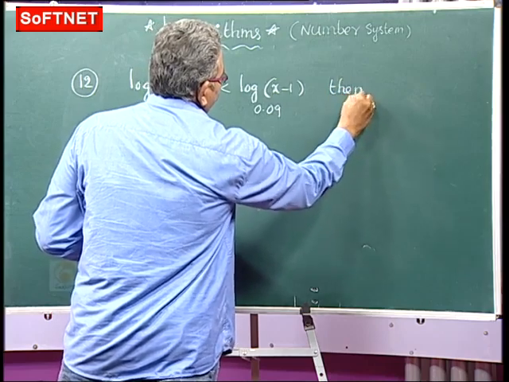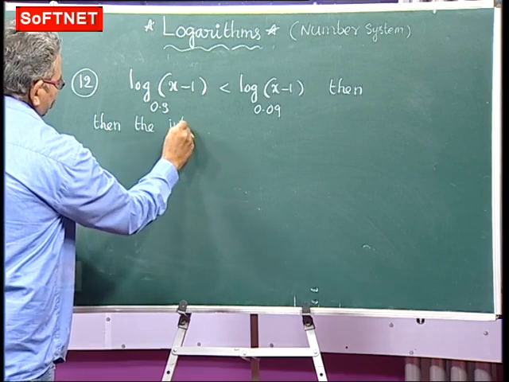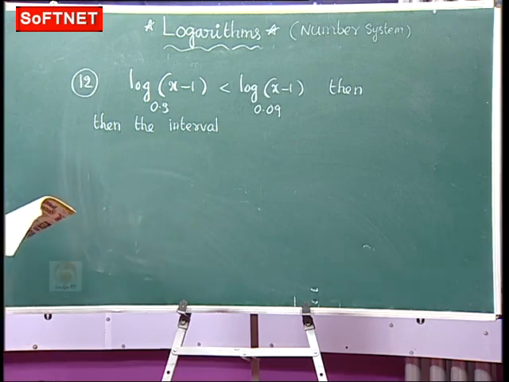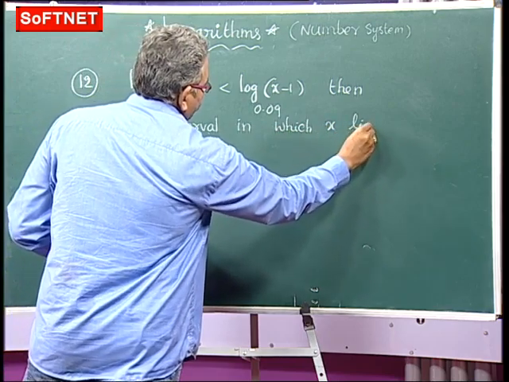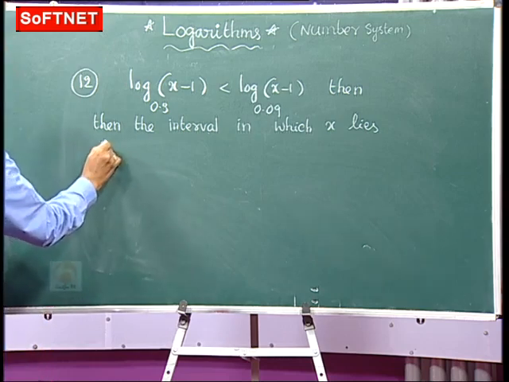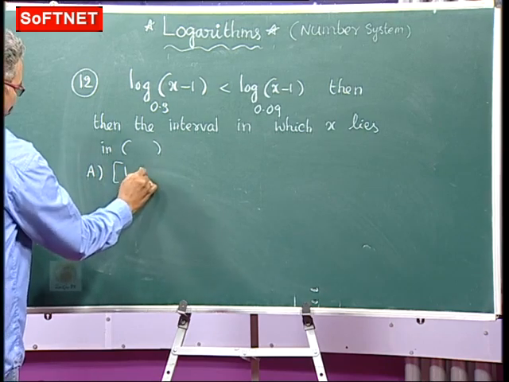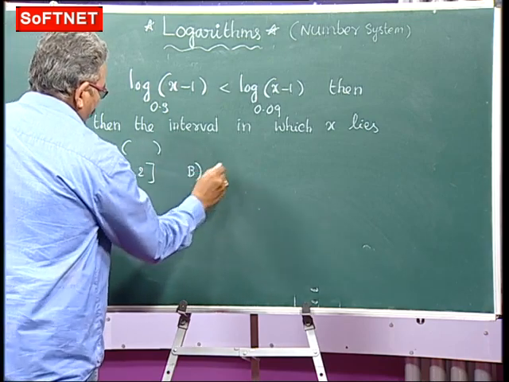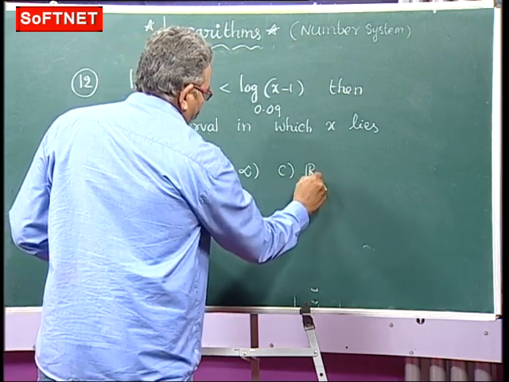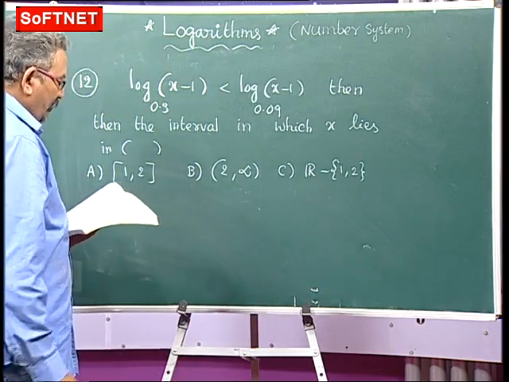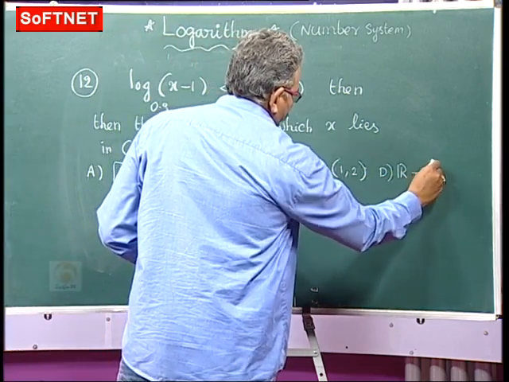Then the interval in which x lies is: A) closed 1 comma 2, B) 2 to infinity, C) R minus 1 comma 2, sorry, this is R minus 1 comma 2, D) R minus closed 1 comma 2.